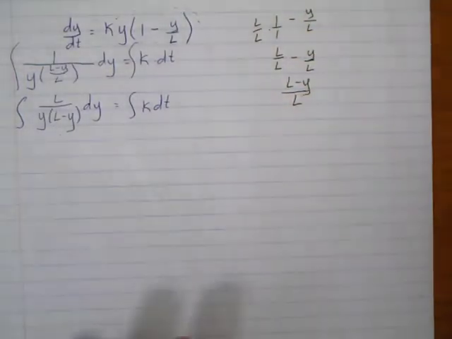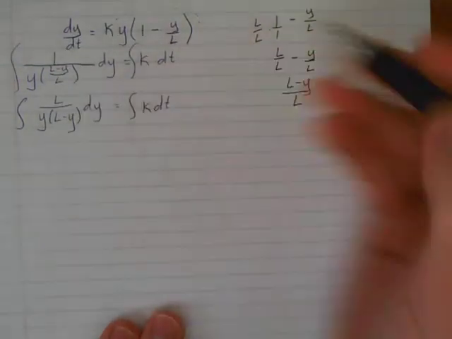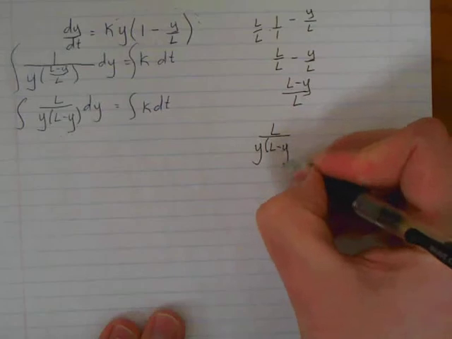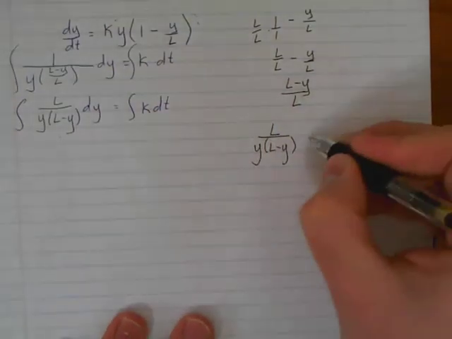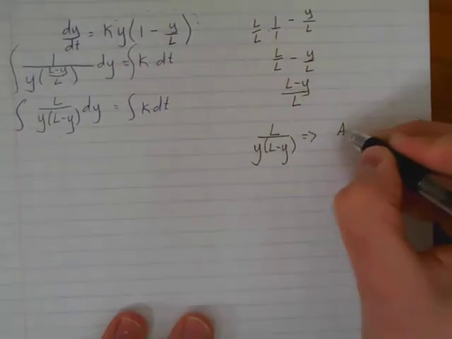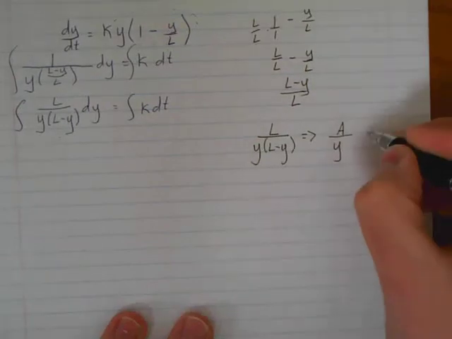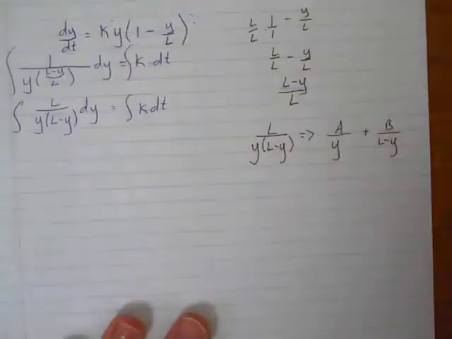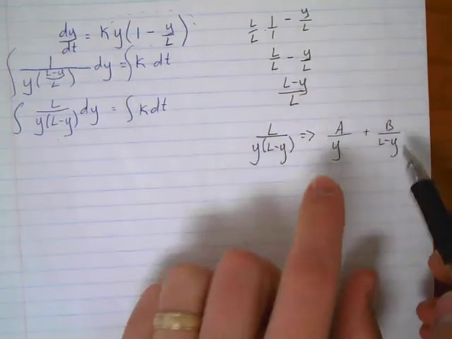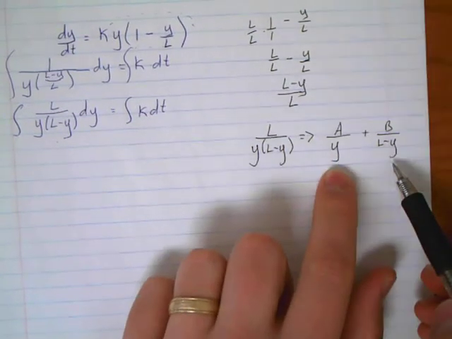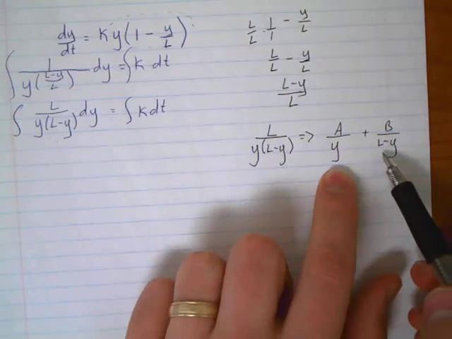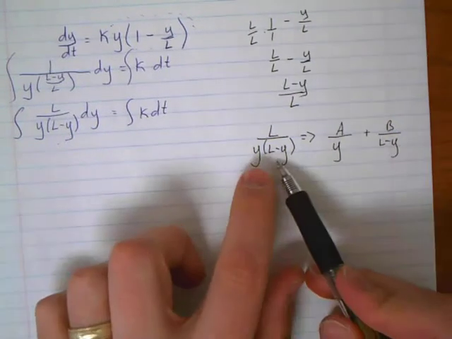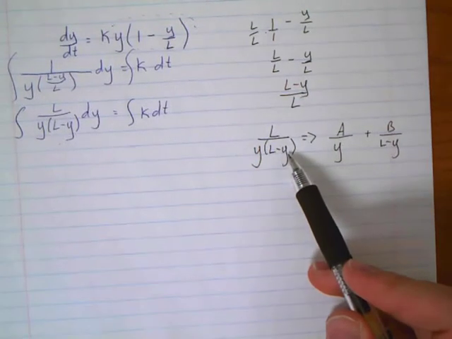But it's not always so easy. If you look at what we have right now, we have L over y times (L minus y). Is it possible to split it up into something over y plus something over (L minus y)? Notice you have two separate fractions with different denominators. If you wanted the same denominator, you'd have to combine them somehow, and they would look like this after you combine them.